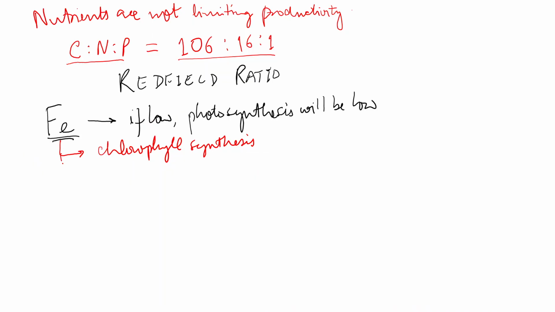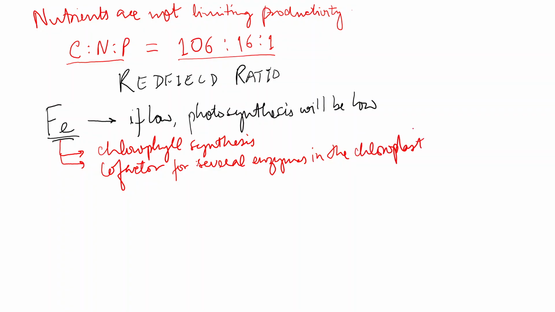Iron is important because it serves as cofactor for several enzymes in the chloroplast, and these enzymes are important because they are involved in the electron transfer and energy transfer.